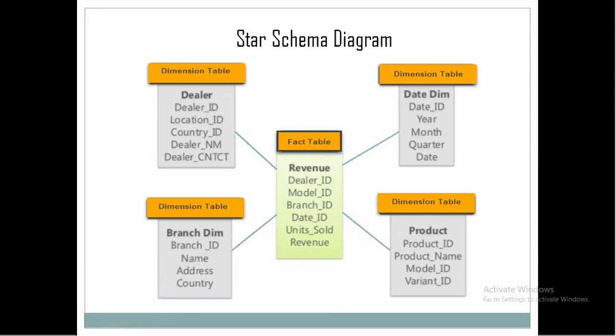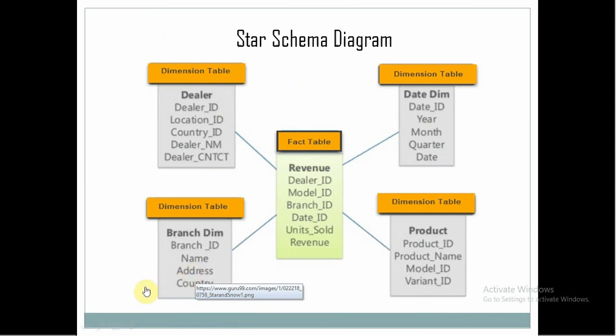In the following star schema, the fact table is at the center, which contains keys to every dimension table like dealer ID, model ID, branch ID, date ID, units sold and revenue. We have a fact table and four dimension tables: dealer, date, product, branch.